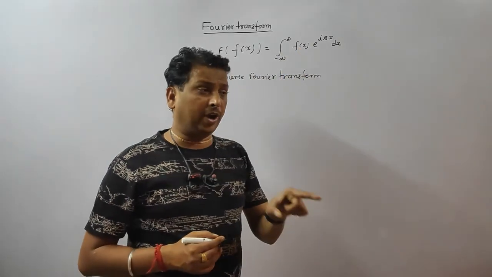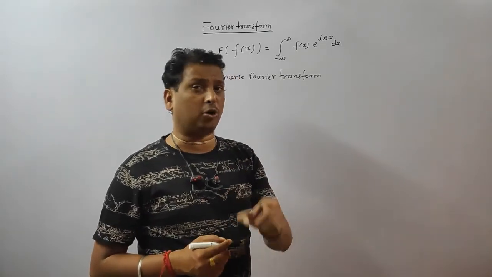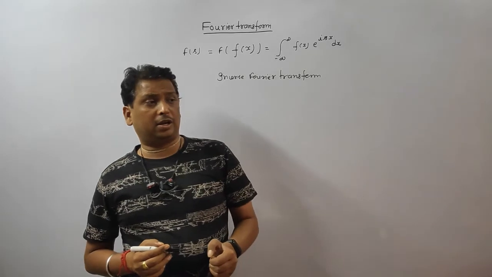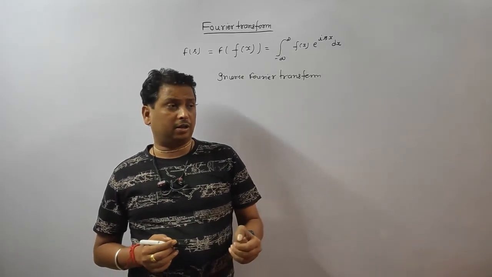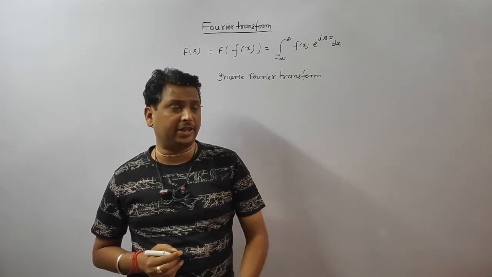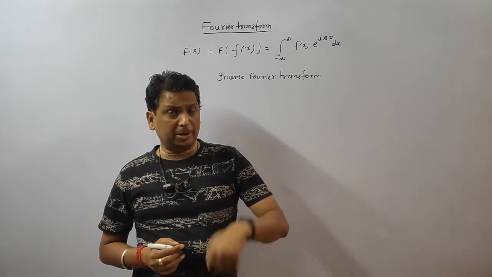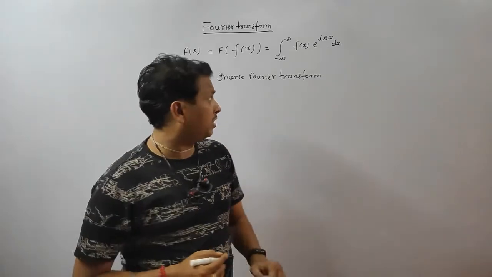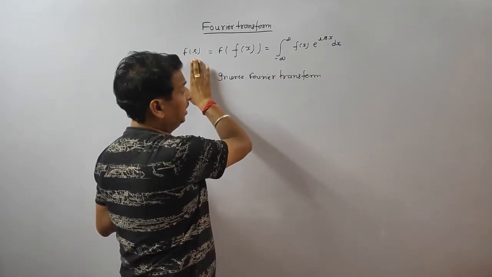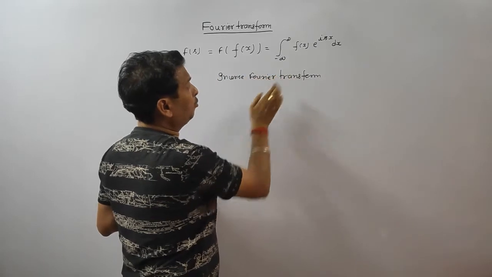Same like when you study modulation and demodulation in physics. Modulation means we are imposing a modulating signal on a carrier signal, and then again we have to do demodulation. Same type here, when we have F(s), a signal in the frequency domain, how do we convert it to the time domain?